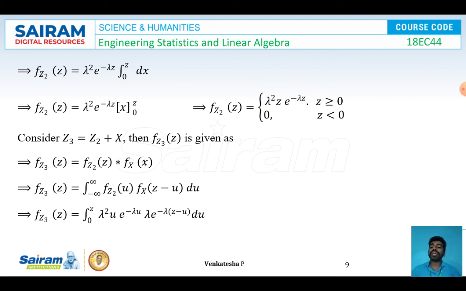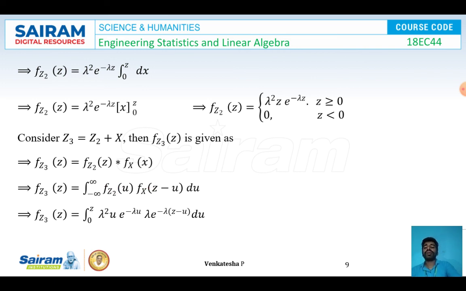So now I'm going to make a new random variable, that is Z3. Z3 is given by Z2 plus X. Then the PDF for this random variable Z3 is given by the convolution of f_Z2(z) and f_X(x). Expanding this formula by using the sum of two independent random variables concept, f_Z3(z) is equal to integration from minus infinity to plus infinity of f_Z2(u) f_X(z minus u) du.